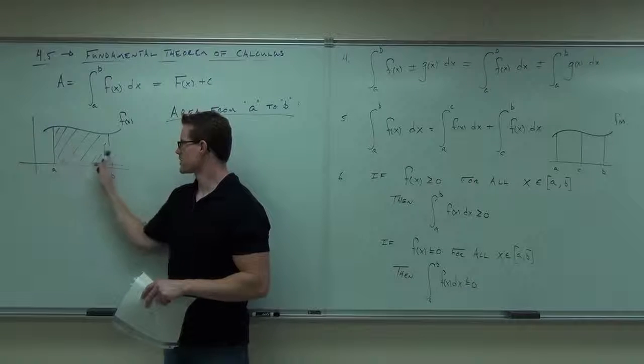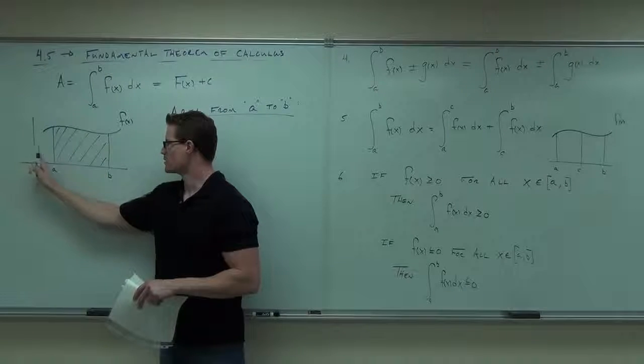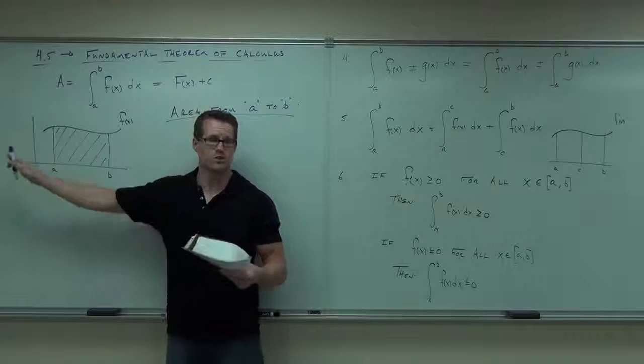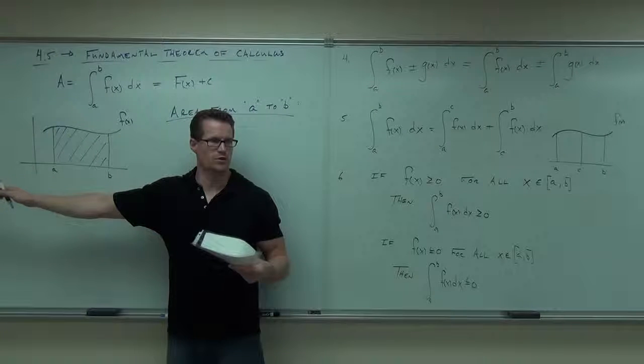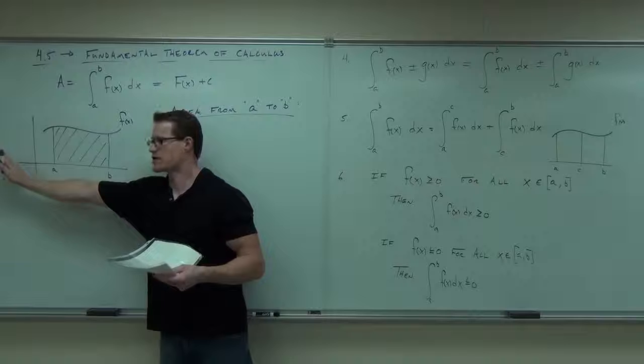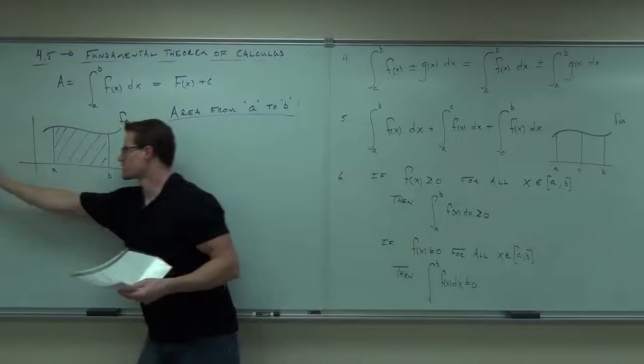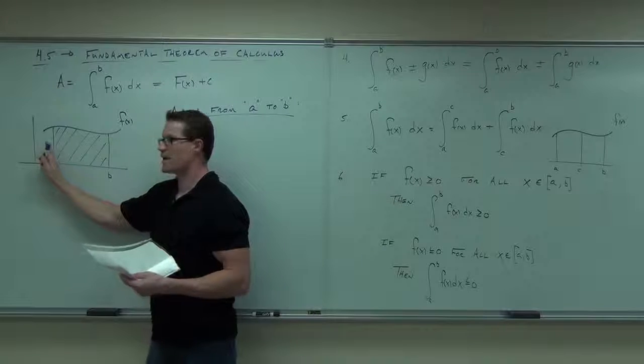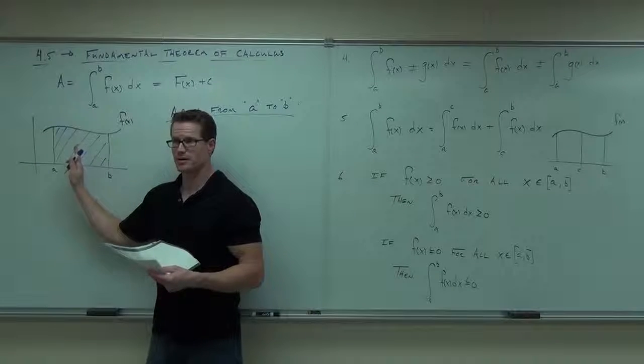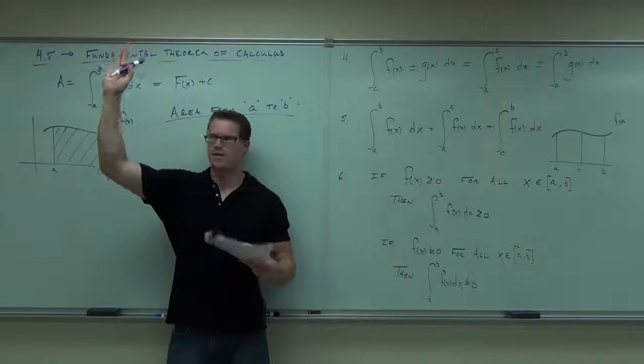We'll take all of this area minus off all of this area. No matter where you start, that would work for you. Would you agree? We'll take all the area from left to right, no matter where we start, up to B, and subtract off all the area up to A, and that would leave us with this little bit. How many people buy into that, feel okay with it? That's exactly what we're going to do.